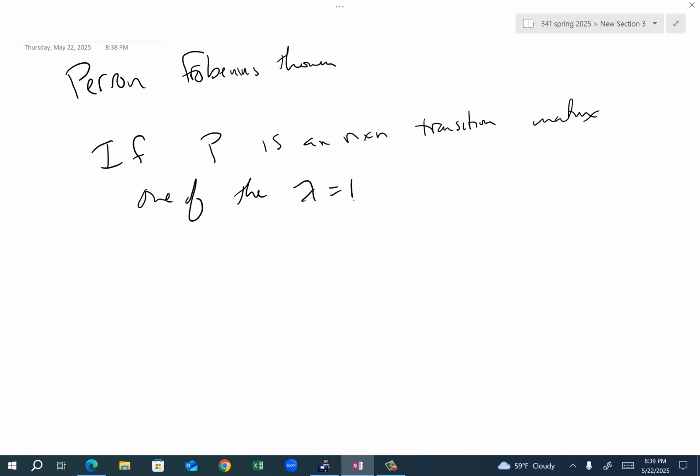And then part 2, if P is regular and lambda does not equal 1, then the absolute values of the lambdas are all less than 1. Okay, and so that can happen. That again is not a Markov chain transition matrix, though. So just keep that in the back of your mind. That's not going to be cool for us.